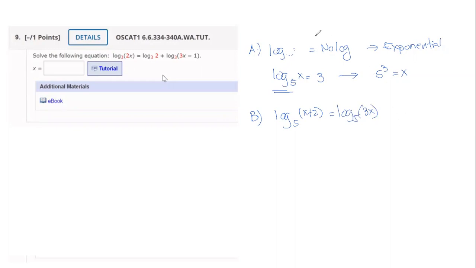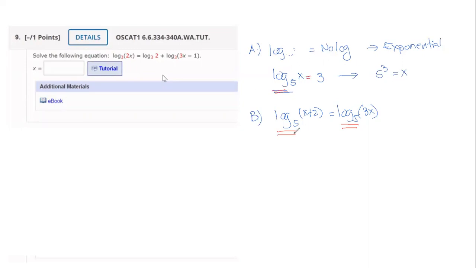In this case, you have log 5 on one side of the equation, but also another log 5 on the other side. It could be right side or left side. As long as there's only one log, you change it into exponential.